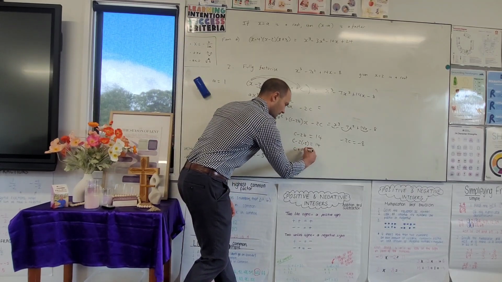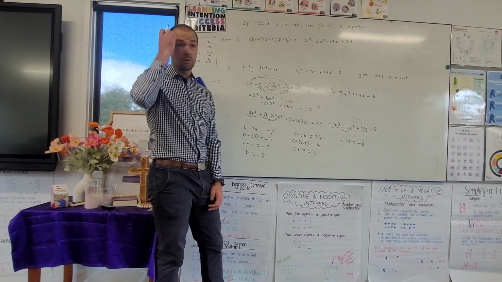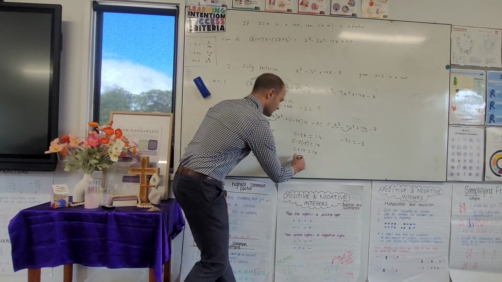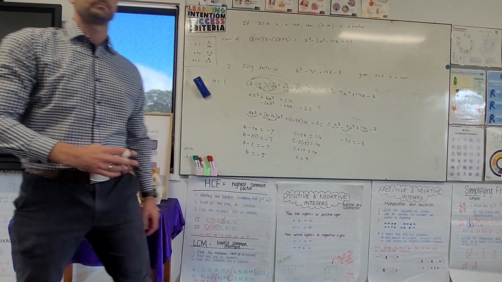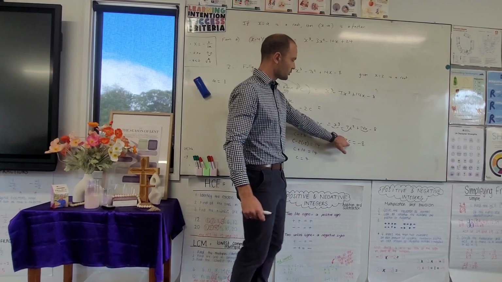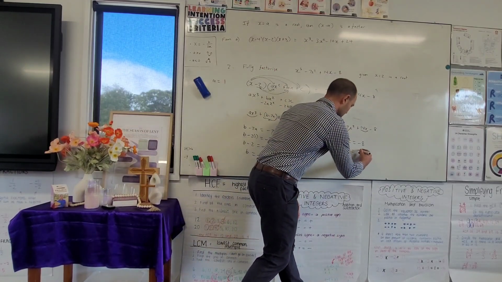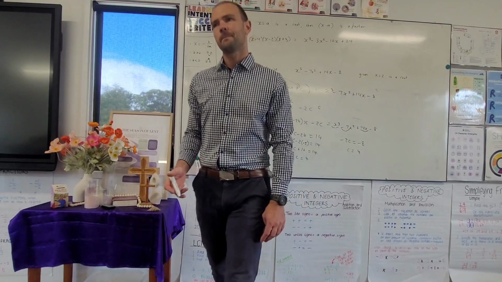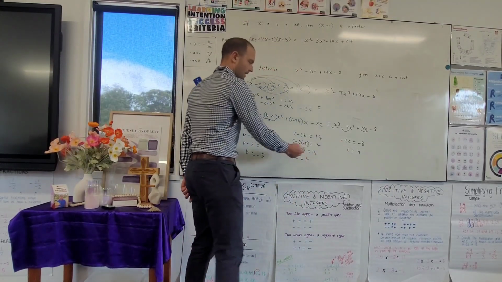So we have c plus 10 is 14. Then we would take 10 from both sides, and we would have c is positive 4. And we can see that over here, if we have minus 2c is minus 8, we can divide both sides by minus 2. c is positive 4. Okay, so that equation reveals something we already found out in this equation.